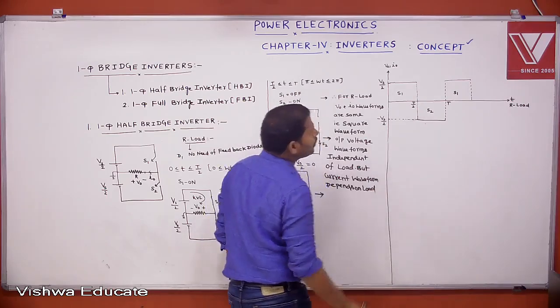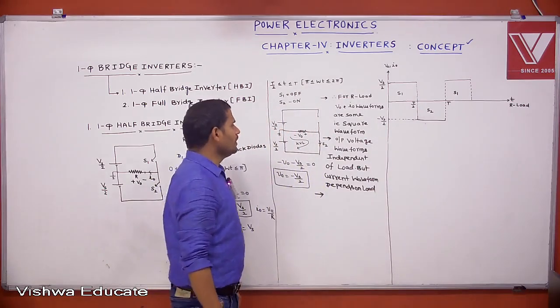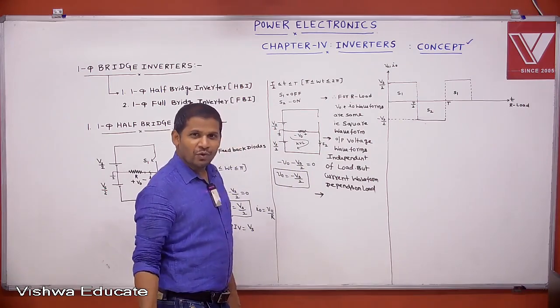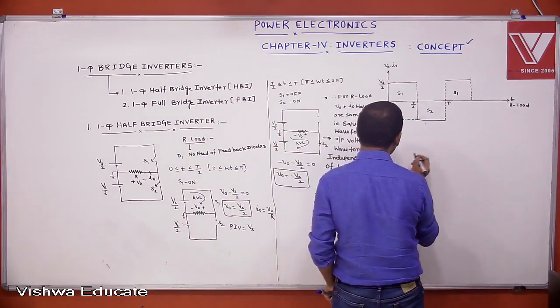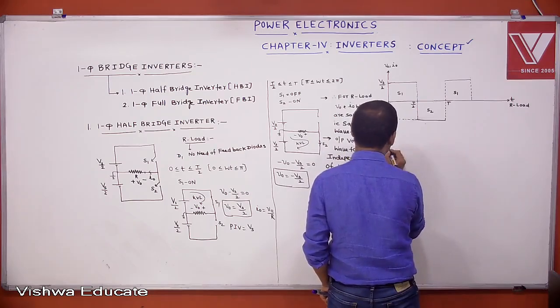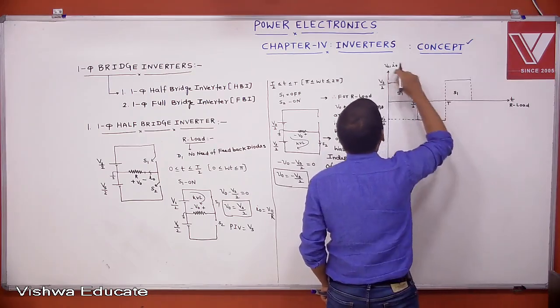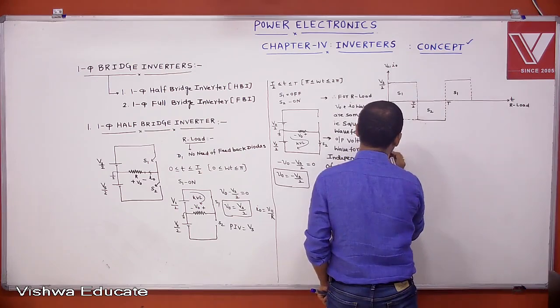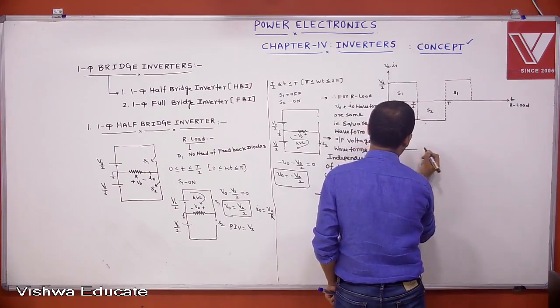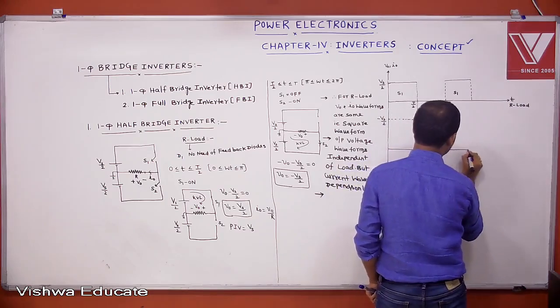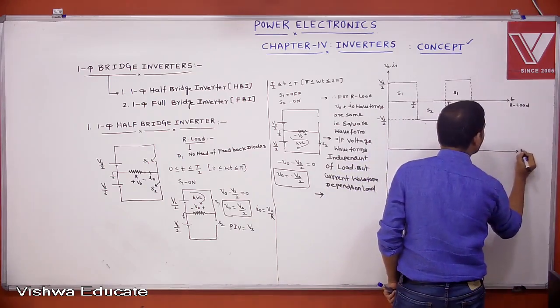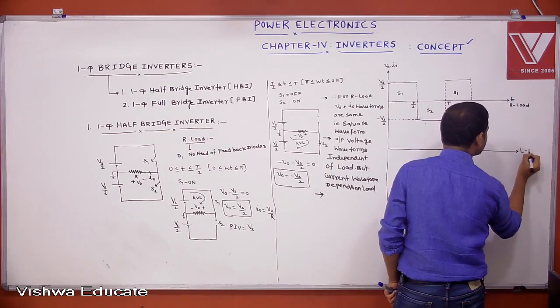Now for different loads, if we want to draw the waveforms, then which waveform do we want to draw? Yes, the current waveform. Now see, for different loads, how to draw the current wave. But if it is R load, voltage and current waveforms are the same. This is a purely inductive load.